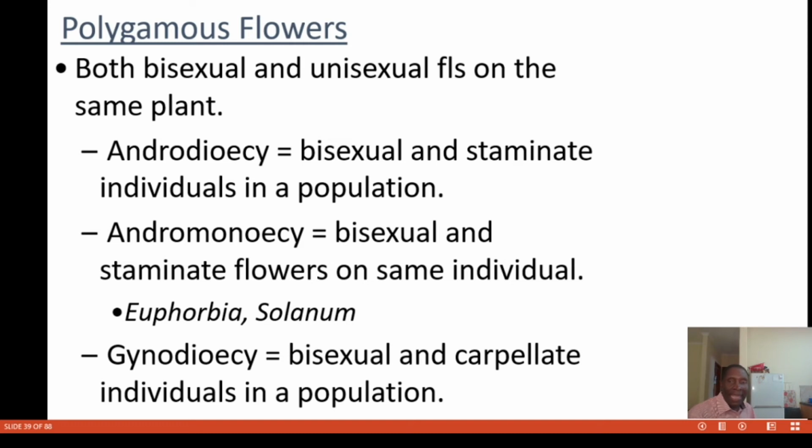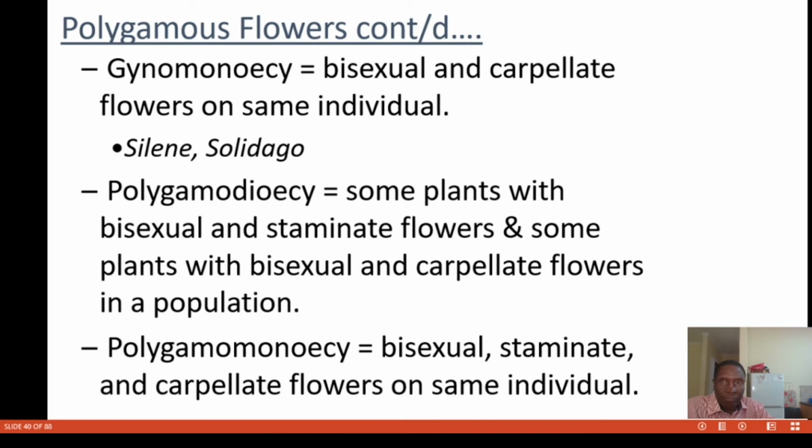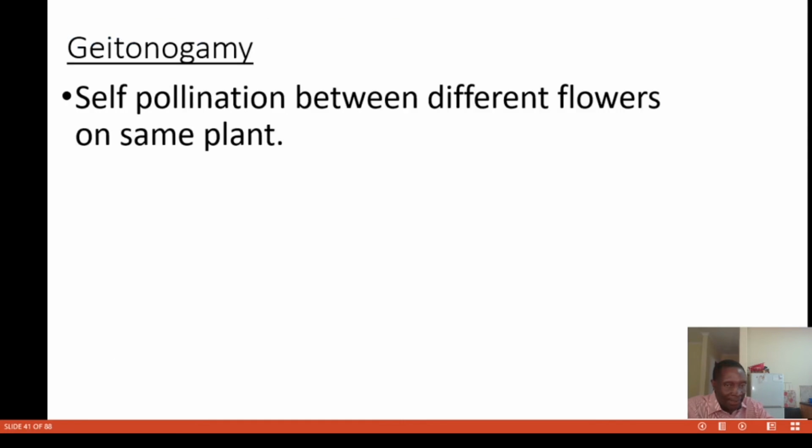Then we have gynodiaceae, bisexual and capellate individuals in a population. And this goes on to various kinds. As you can see, they just reveal more of the complexity.